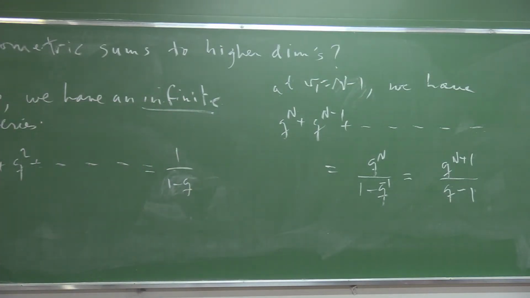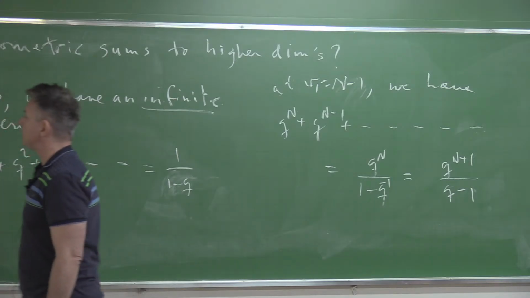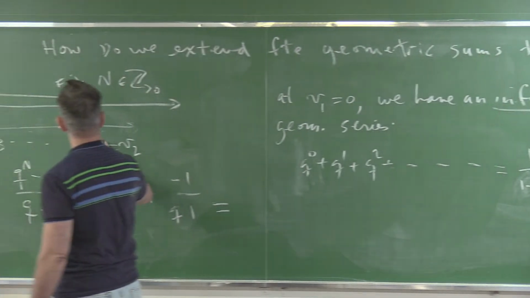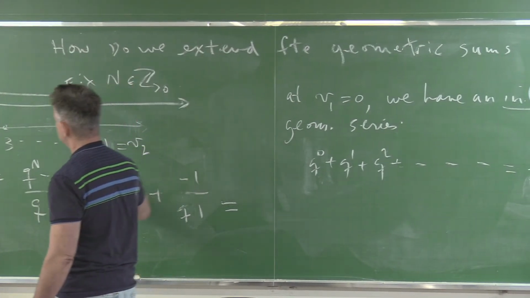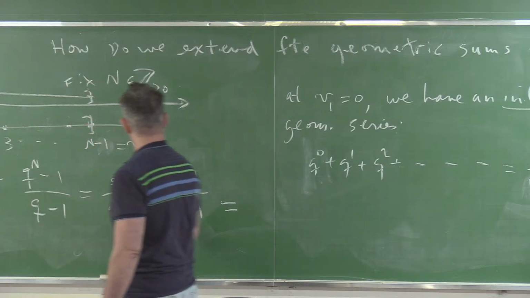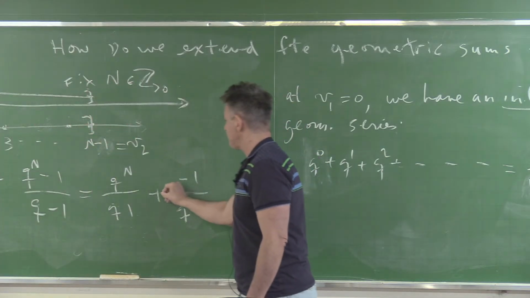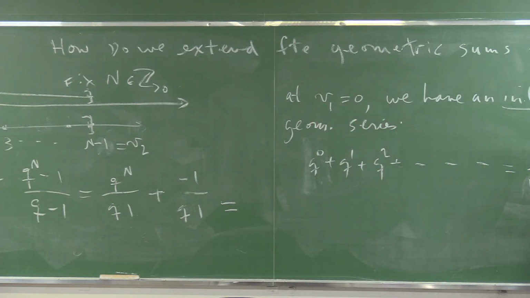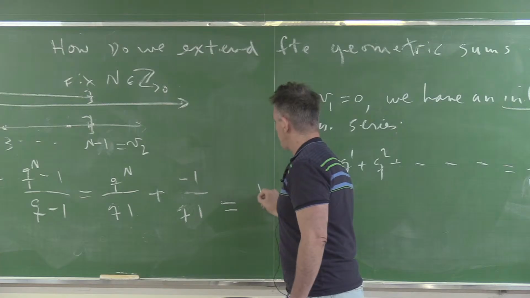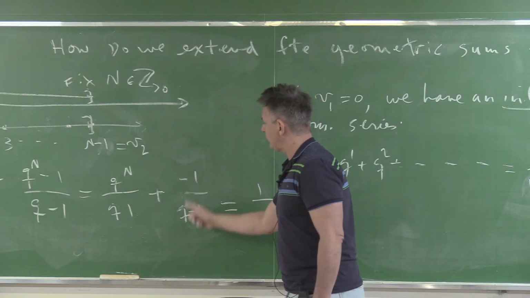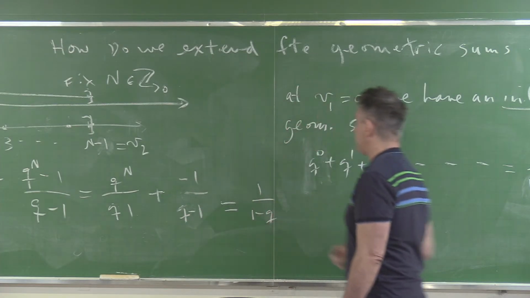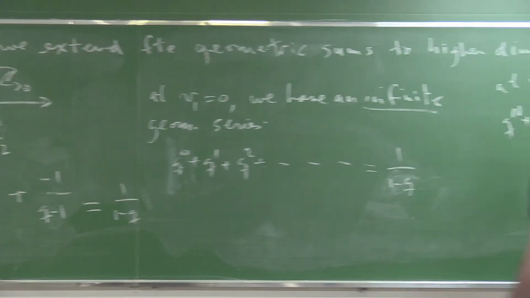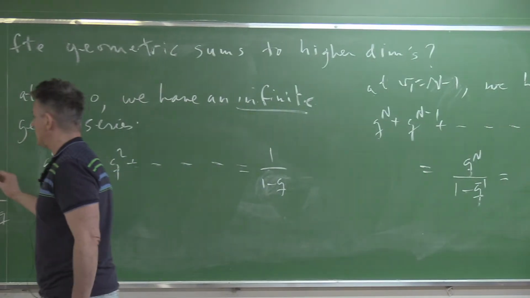Like a small miracle, this sum becomes 1 over 1 minus q, because the negative 1 makes it 1 over 1 minus q, and this becomes q to the n plus 1.